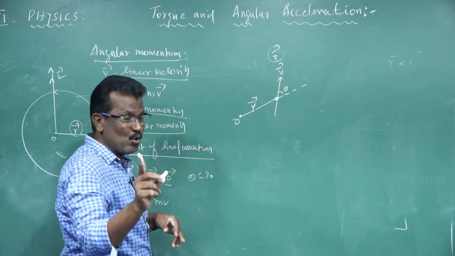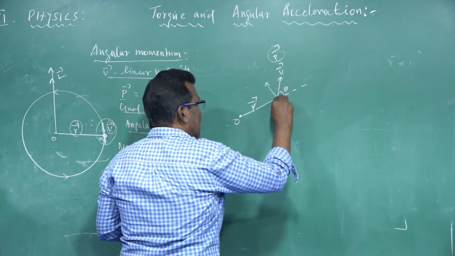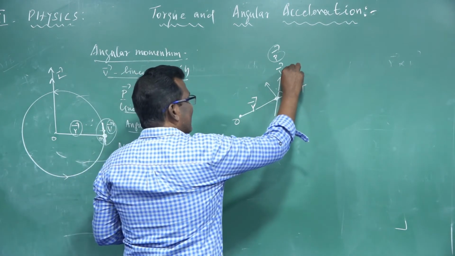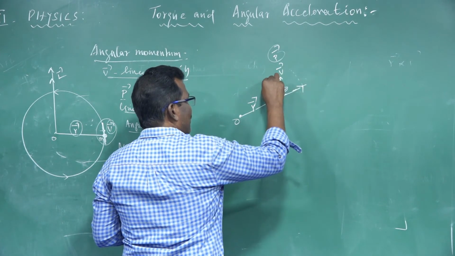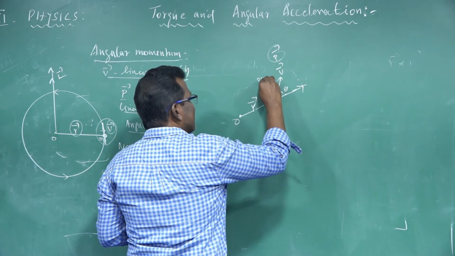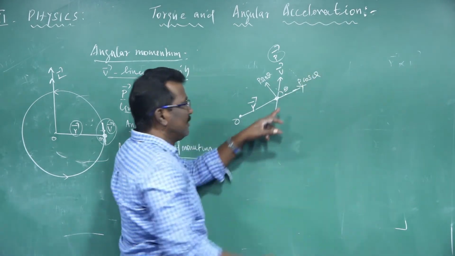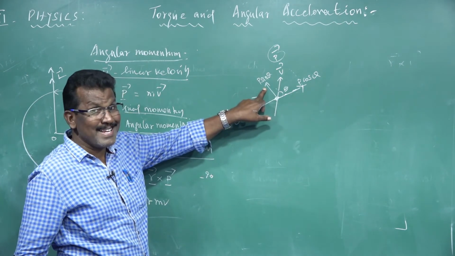Now we can resolve p into two components, one perpendicular and another parallel. With theta, this side is opposite, so this component is p sin theta and this component is p cos theta.